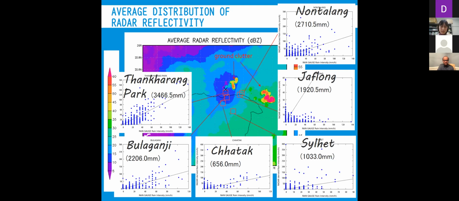And we can see Tankaran Park, Bairaganj, Chatak and Nontaran have a relatively good correlation with the Cherrapunji radar. But at Sirit, the radar severely underestimated rain intensity.